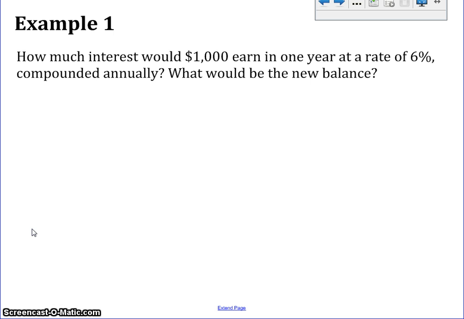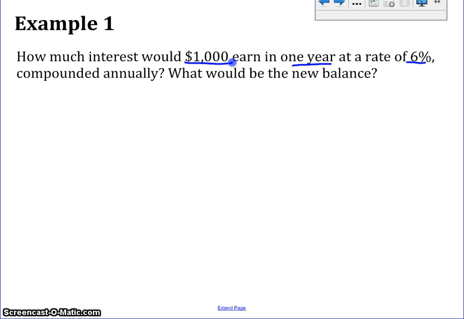So let's get started. For the first example, it says, how much interest would $1,000 earn in 1 year at a rate of 6% compounded annually? If you've gone through all the vocabulary, you understand that compounding annually means that it compounds one time per year. When you're looking at simple interest, you're basing that on a year's period.